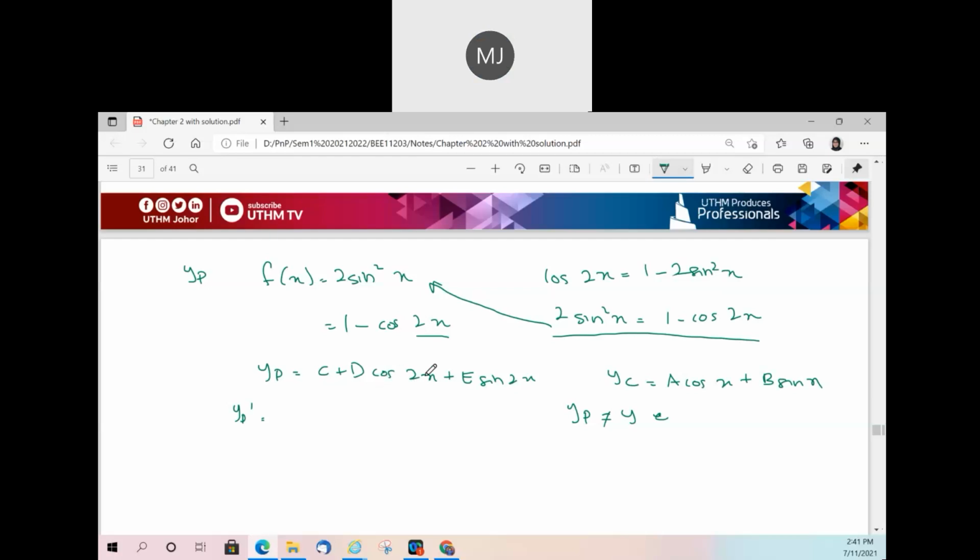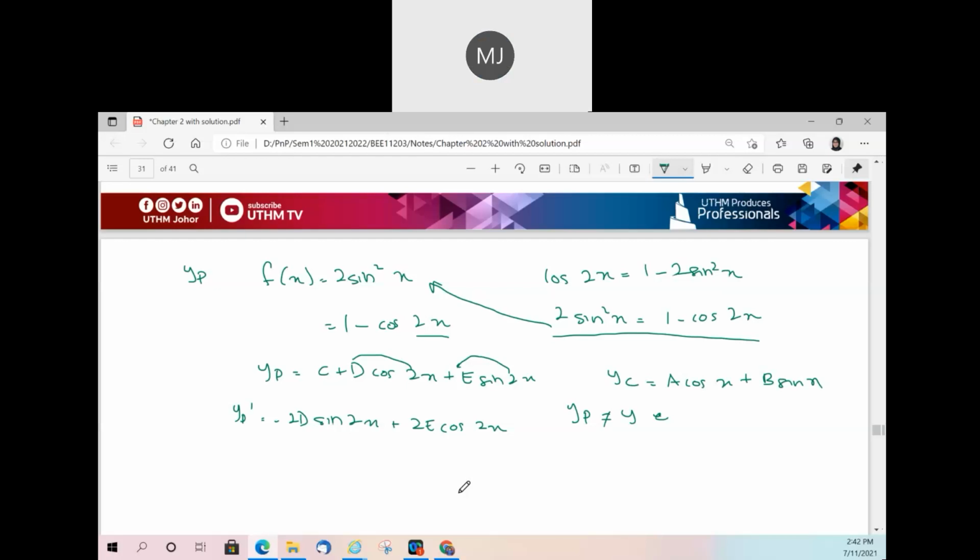So negative sign, 2 you bring kat depan. So you have minus 2D sin 2x. Plus, you differentiate sin, you dapat 2E cos, 2 you bring to the front. Then 2E cos 2x.